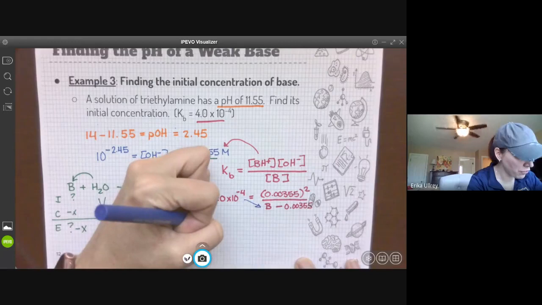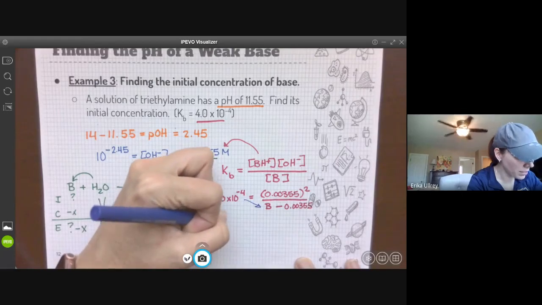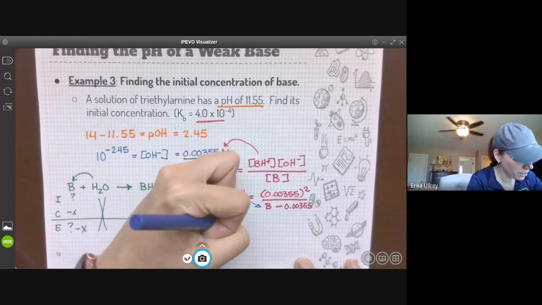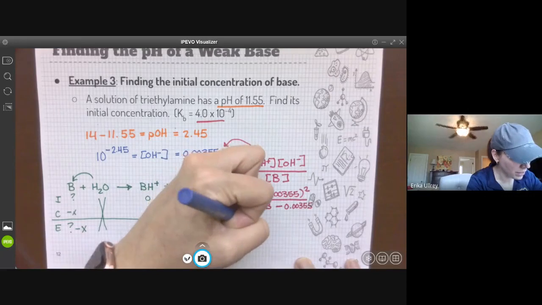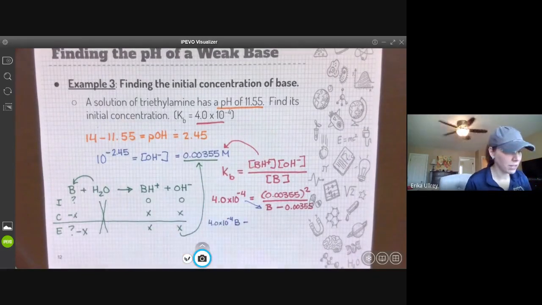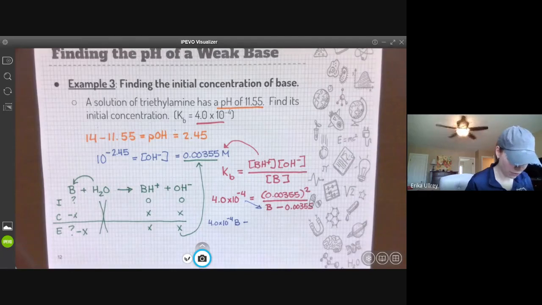So it would be 4.0 times 10 to the negative 4 B minus, and we multiply these two together, 4.0 times 10 to the negative 4 times 0.00355.